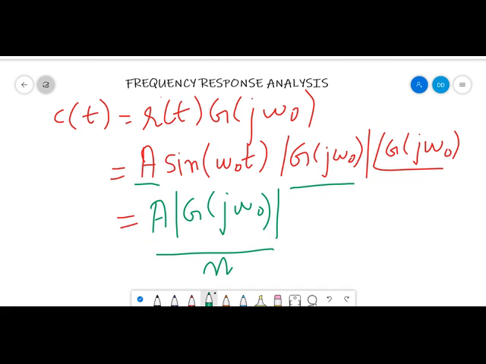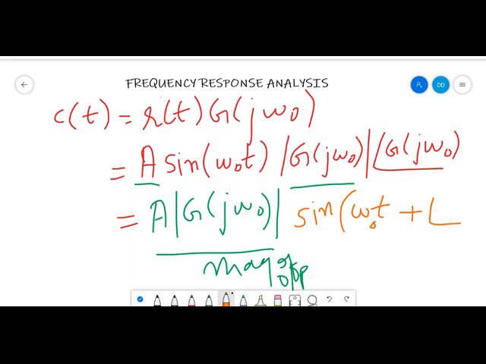This is the magnitude of the output, and the phase angle of the output signal is obtained by adding the phase angle of the input sinusoidal signal and that of G of j omega, that is sine of omega naught t plus angle G of j omega naught. This is the phase angle.